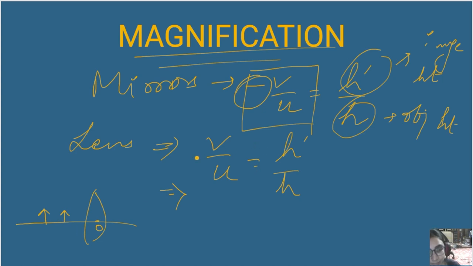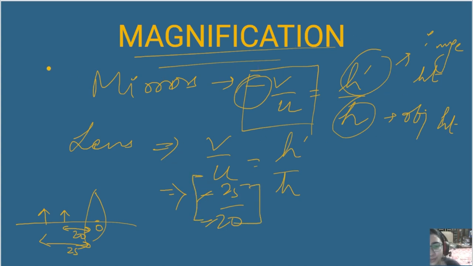So if this is 20 and this is 25, we have to put the sign of both, which is, here it's minus 25 by minus 20. If they get cut or not, that is a different issue, but we have to give the signs.